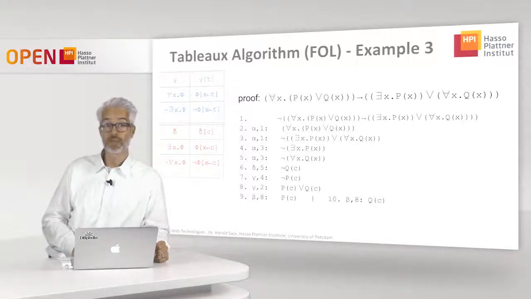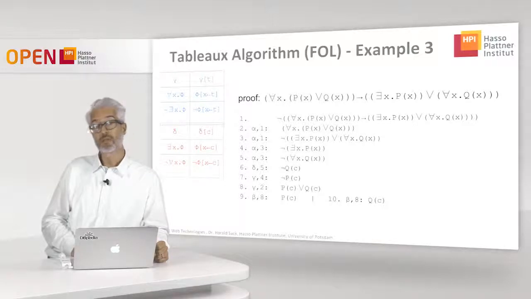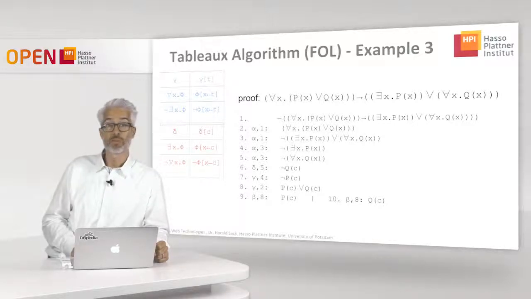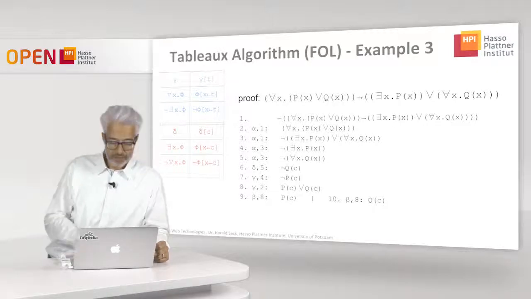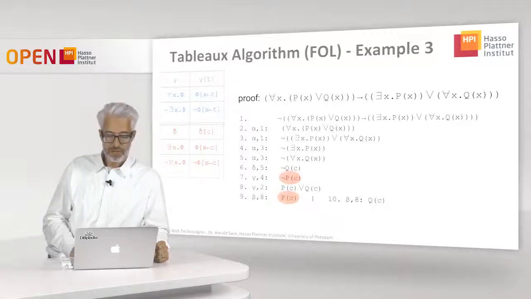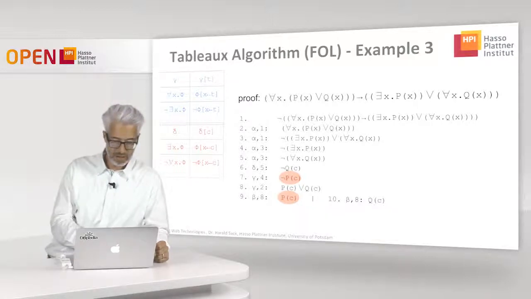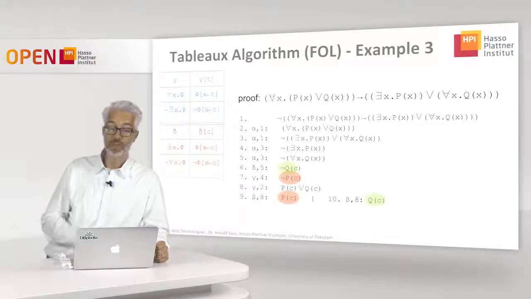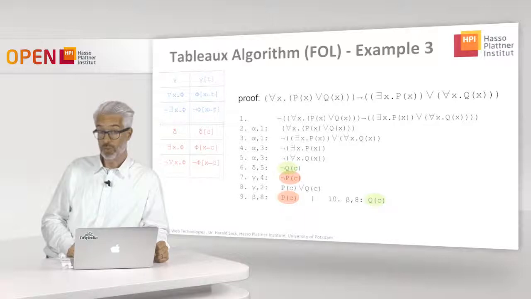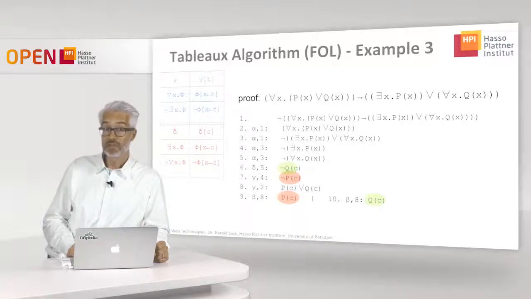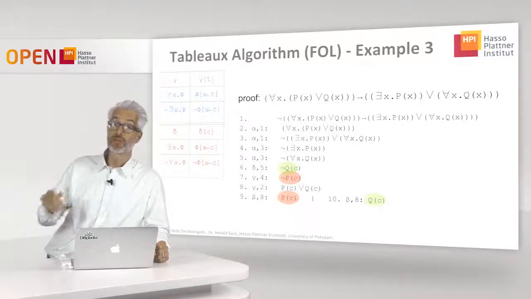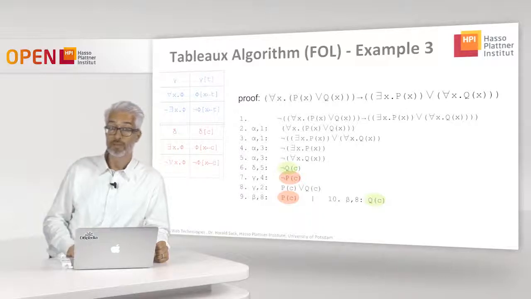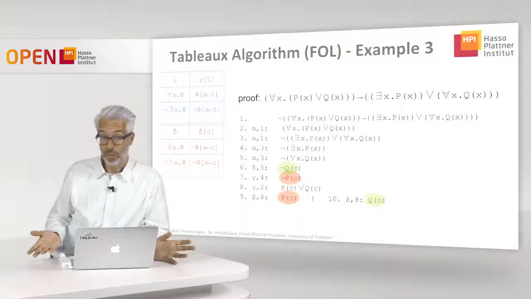Okay, and this is a disjunction. We can apply the beta rule, and therefore on the first half of the branch we have p of c, and on the second half we have q of c. And we see already here that we have p of c and not p of c in the branch, and also in the other branch we have q of c and not q of c, which means again the tableau is closed, which means that the originally non-negated formula is true, so it holds.